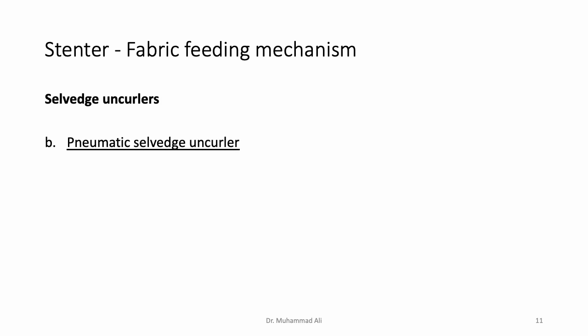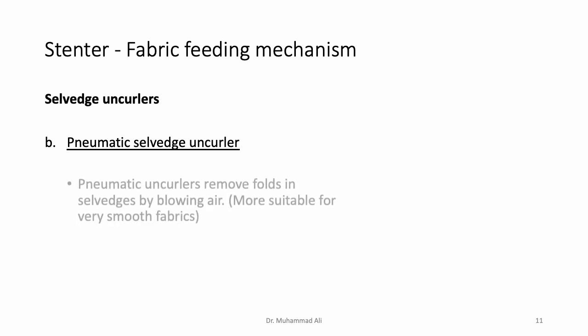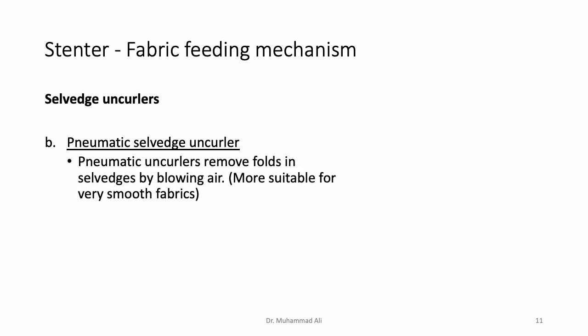The other type of selvage uncurler is called a pneumatic selvage uncurler. And a pneumatic selvage uncurler removes any folds or creases in the selvages by blowing high pressure air on the selvages.